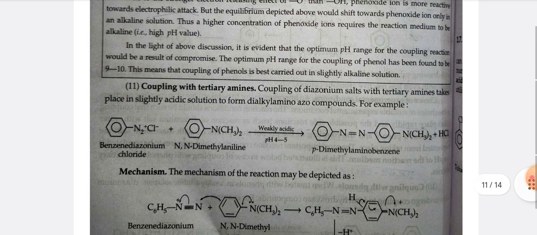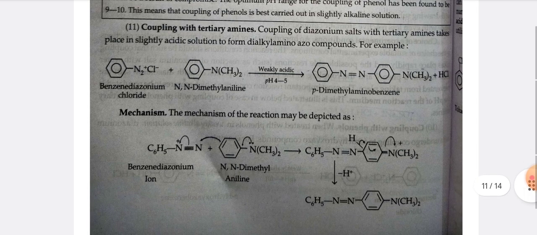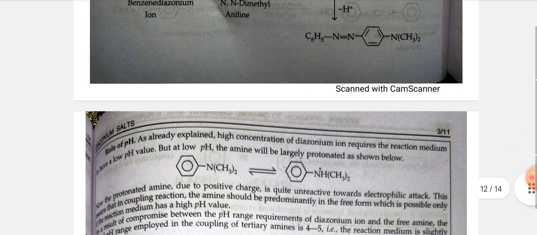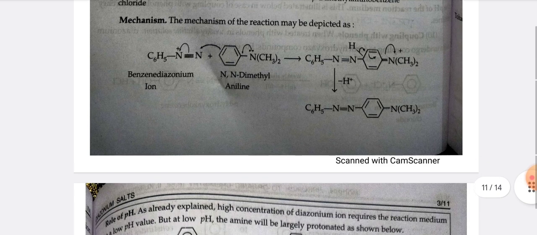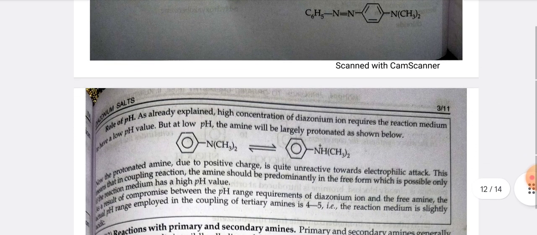The next point is coupling with tertiary amines. Coupling of diazonium salt with tertiary amines takes place in slightly acidic solution to form dialkyl amino azo compounds. The mechanism of the reaction is shown. Role of pH: as I already explained, a high concentration of diazonium ion requires the reaction medium to have a low pH value, but at low pH the amine will be largely protonated.